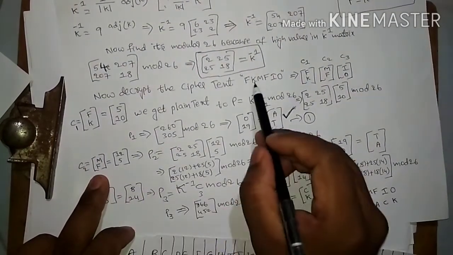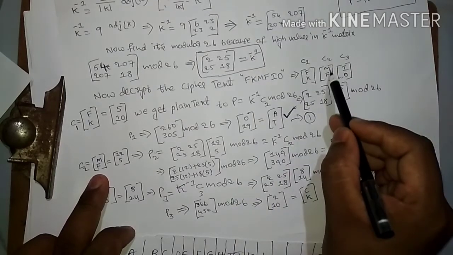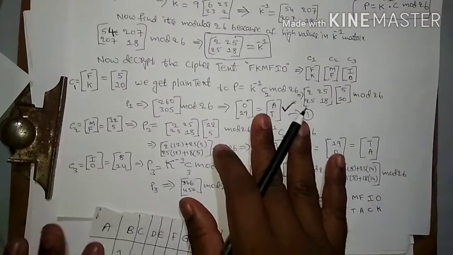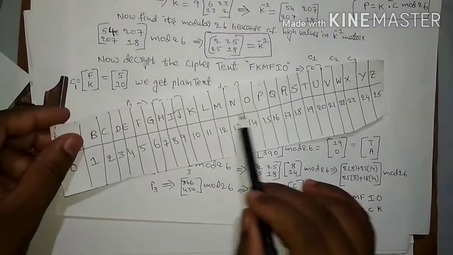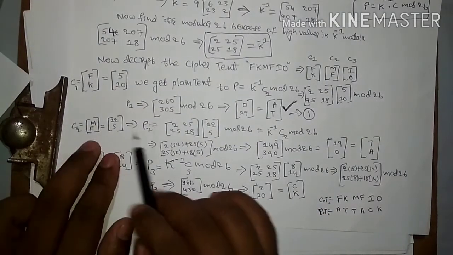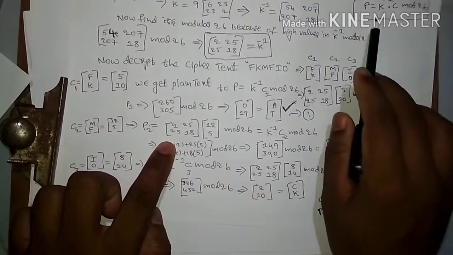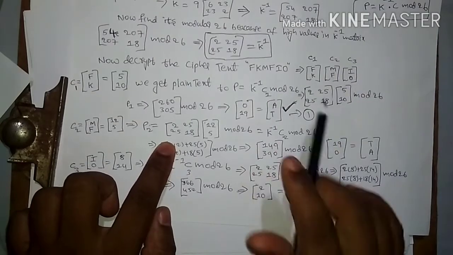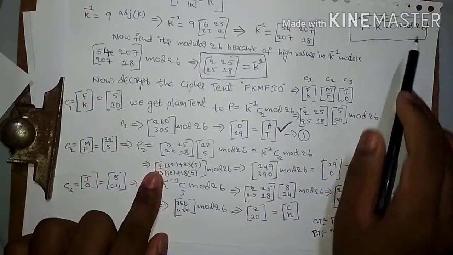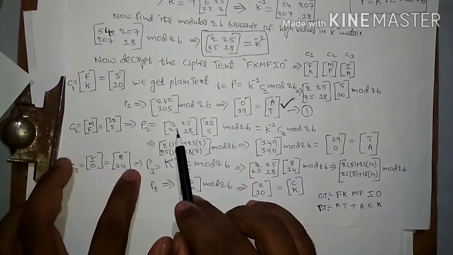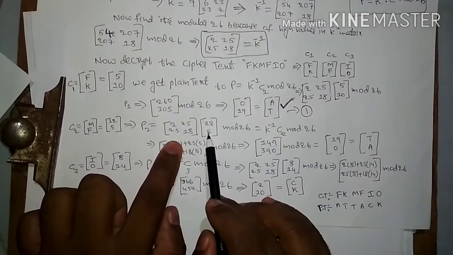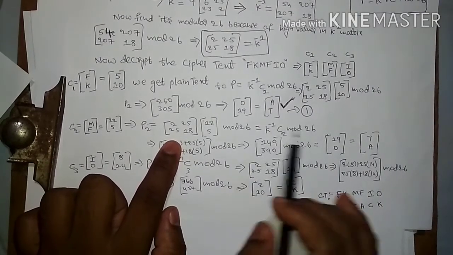Next is C2, MF. M value is 12, F value is 5: 12, 5. To get the plain text, formula is k inverse into C mod 26. Let's take k inverse as 2, 25, 25, 18.